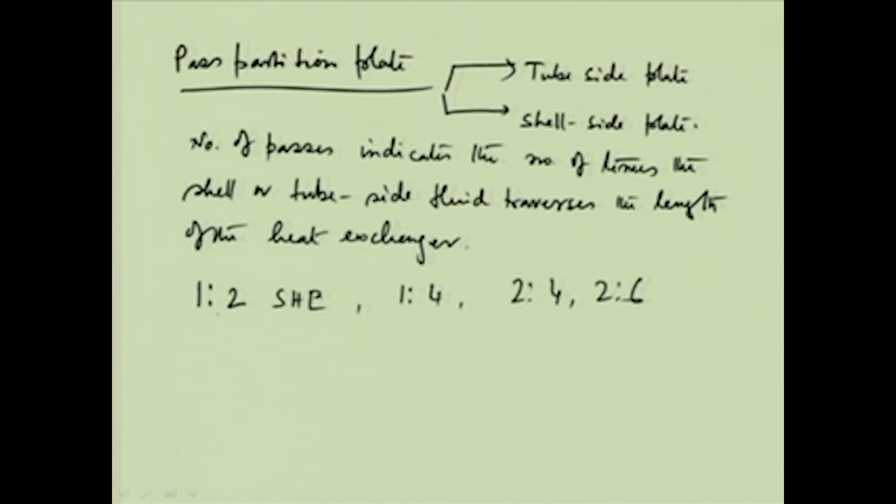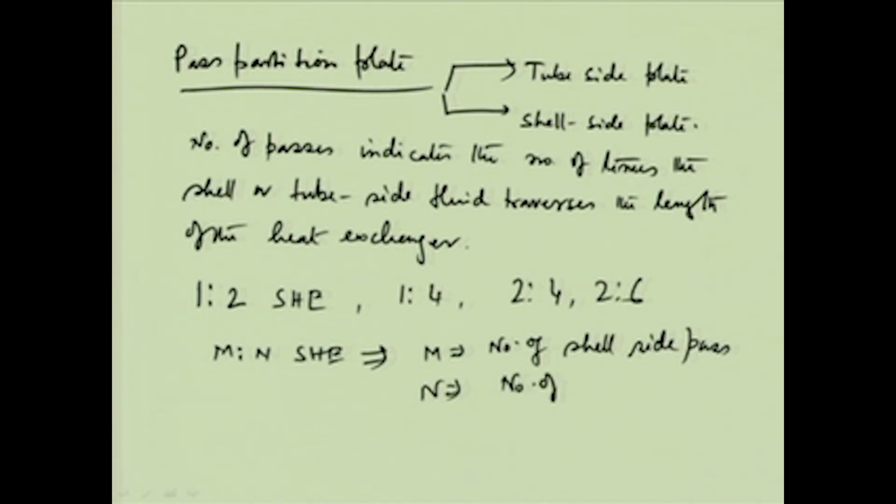In an M:N shell and tube heat exchanger, M indicates the number of shell side passes and N indicates the number of tube side passes.